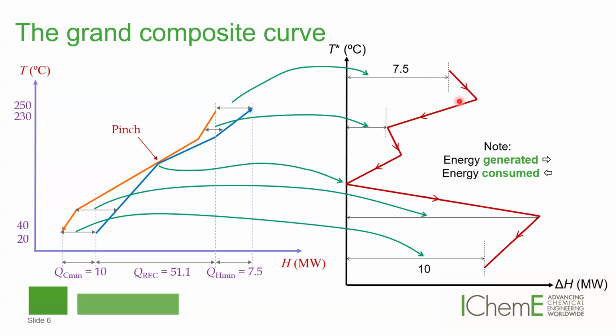The segments that have negative slope, for example this one, are energy generating. Whenever you notice a negative slope, when it moves down to the right hand side, like this first segment, it means energy is being generated.